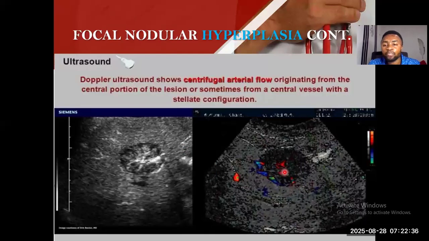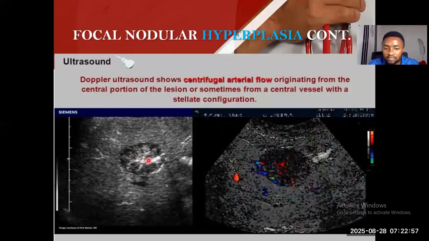So when you put your flow, you see that the flow will be moving away. This is an image, it's not video, so it's difficult to see where it's moving towards. But you should know that there was centrifugal arterial flow. Here you can see the lesion, right?